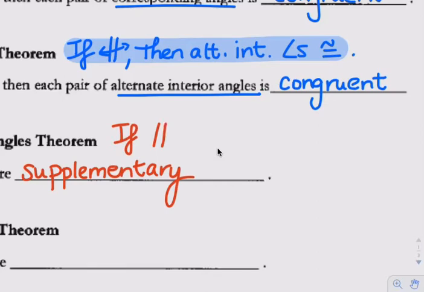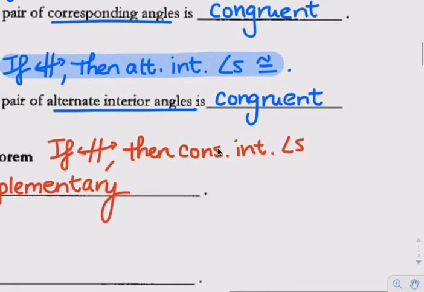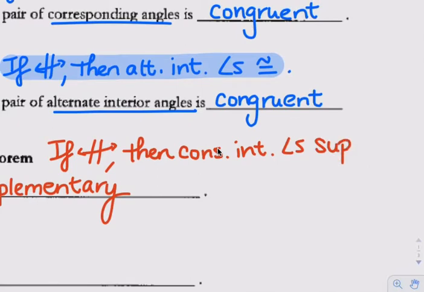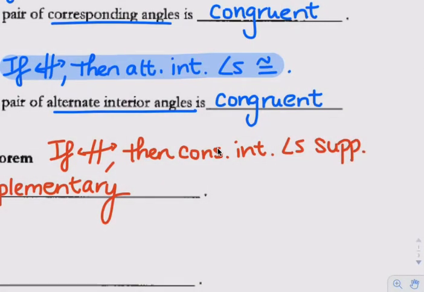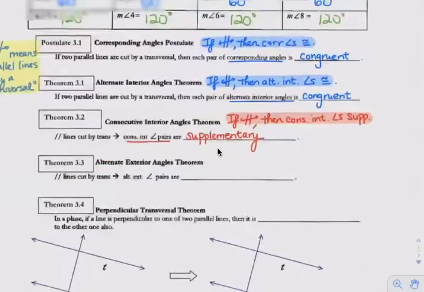So if parallel lines cut by a transversal, then consecutive interior angles, and again they're not congruent this time. They are supplementary. And I'm putting that in red because it's different than the first two.